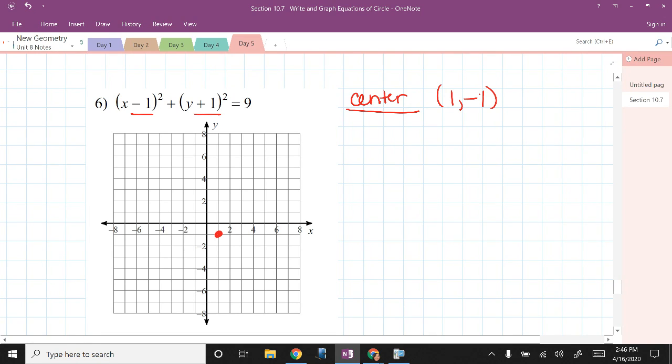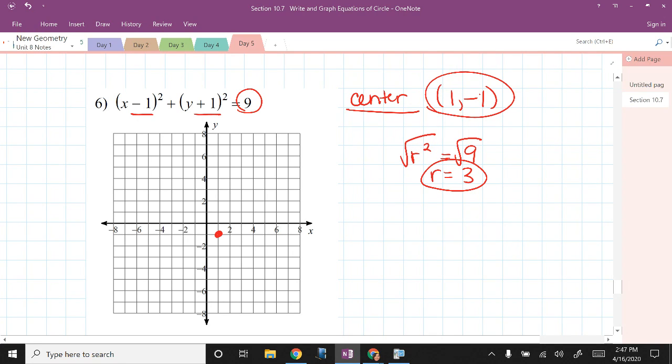All right, now for the radius, remember I take the number on the outside, and that is your r squared. The radius squared is 9. So that means to get the radius, we take the square root, and the radius of this circle is 3. So that's the other thing they wanted us to identify. So make sure that you show those in your work.